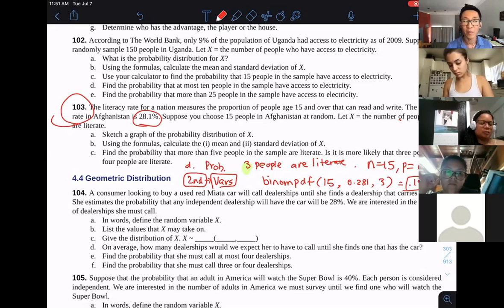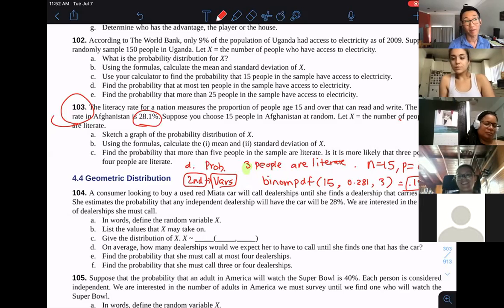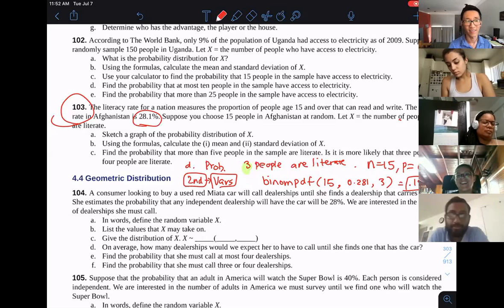Did my calculator expire? Let me see. Oh, yeah. Oh, I have 1 week left. Oh my gosh. I might have to purchase this. I don't even know how much it costs. I don't know.